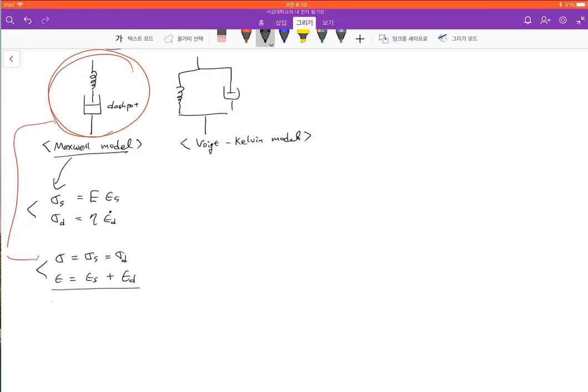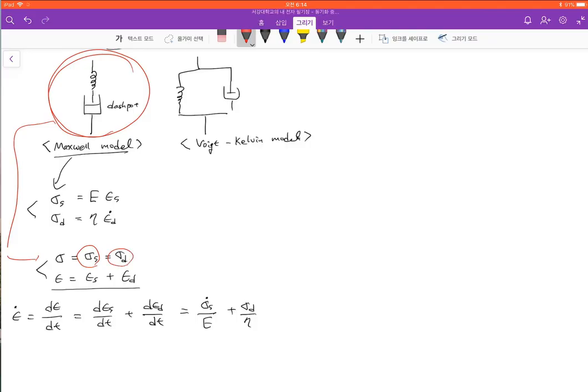If you take the derivative of the second equation as a function of time, what you get is d epsilon dt is equal to d epsilon_s dt plus d epsilon_d dt, which should be equal to sigma_s dot over E plus sigma_d over eta, right?